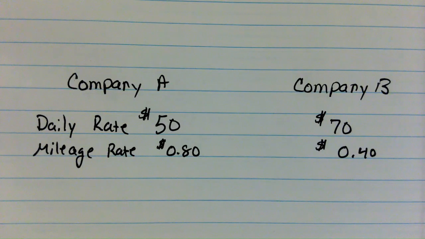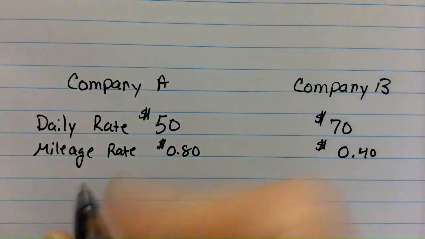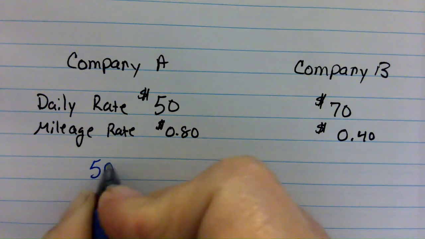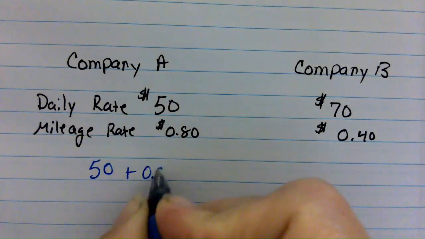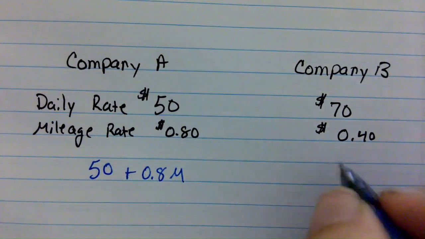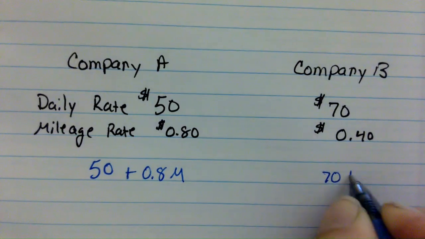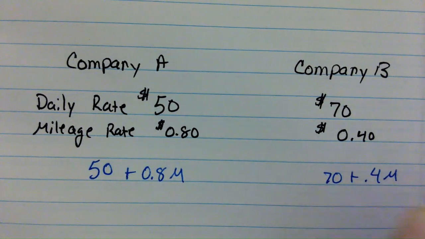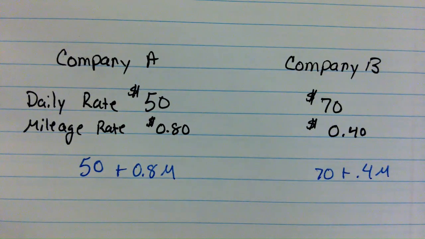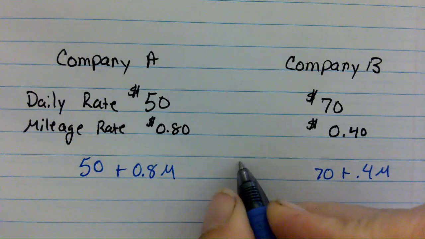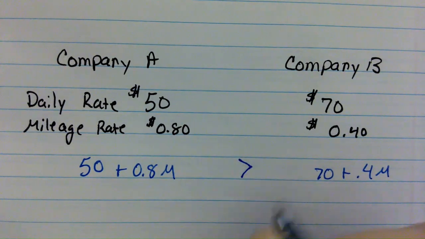Okay, well, let's say we're just going to rent for one day. So company A would be 50 plus 0.8m, right? Whereas company B would be 70 plus 0.4m. So how many miles would we have to drive for company B to be the better deal? When would it cost us less than company A is what we're asking.